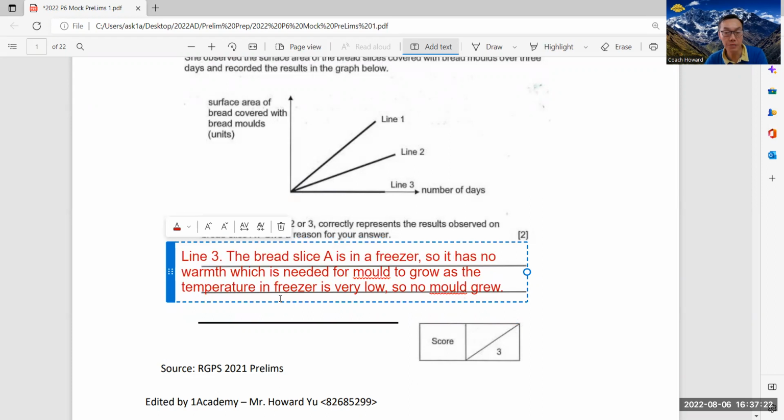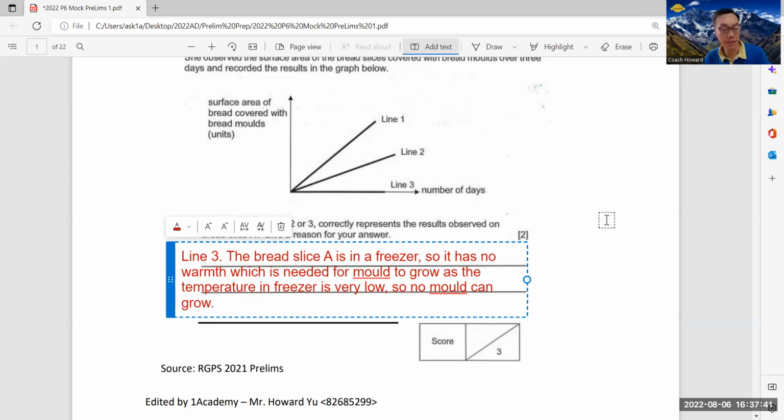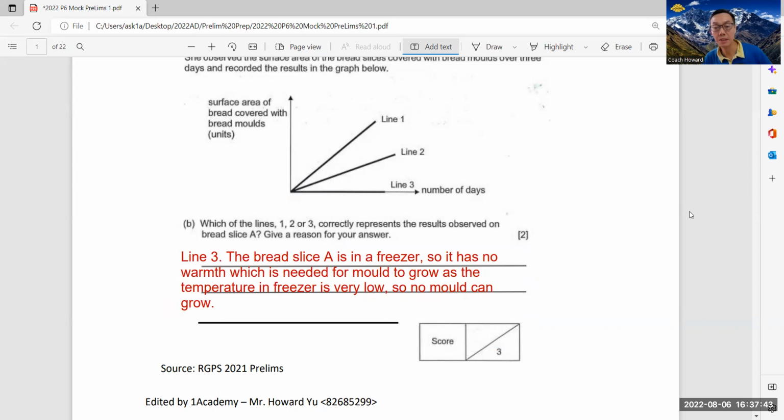As the temperature in the freezer is very low, no mold can grow. Okay, done this one. Next.